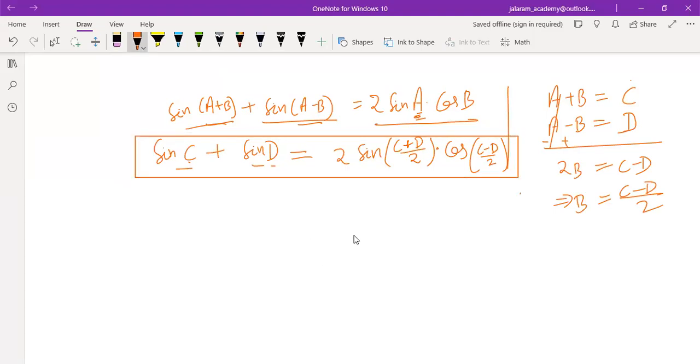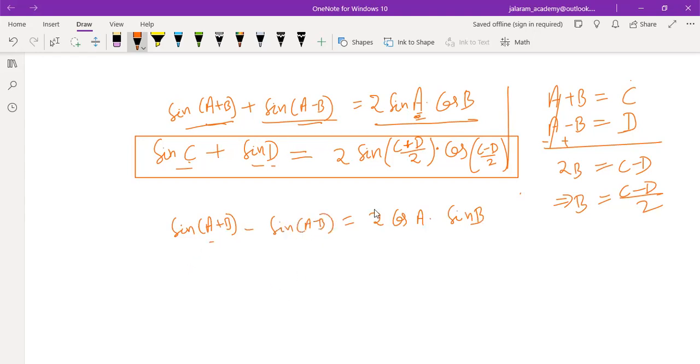The second formula we know, that is of what? 2 cos A sin B equals sin(A+B) minus sin(A-B).